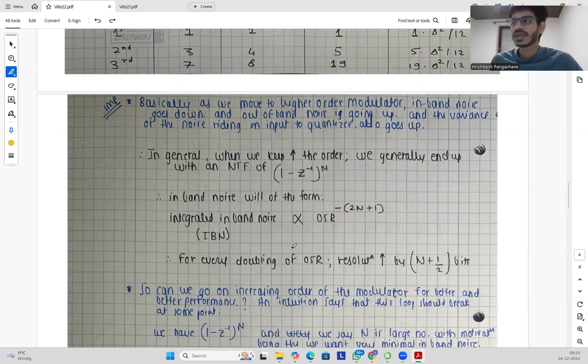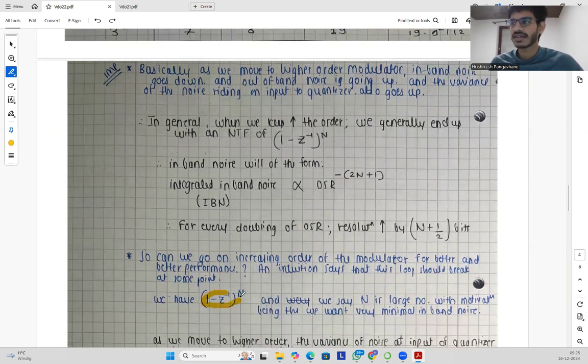And so we can go on increasing the order of the modulator for better and better performance, right? But as I discussed earlier, intuition says that this loop should break at some point. We have the NTF, which is 1 minus z inverse to the power n, where n is the order of the modulator.